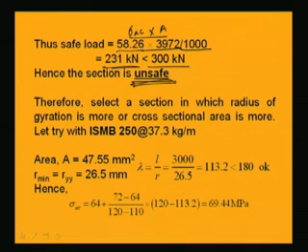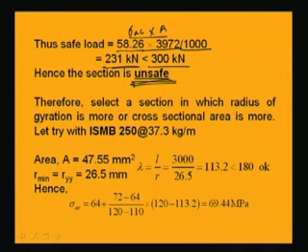So, you see, though we have followed the proper process, still we are not getting the safe load. That means we are not getting the safe cross-sectional dimension in which the given load will be safe. So, what we will do? Now, we will go for the next increased dimension, which is given in the handbook.